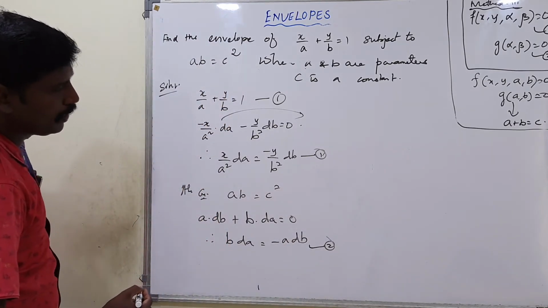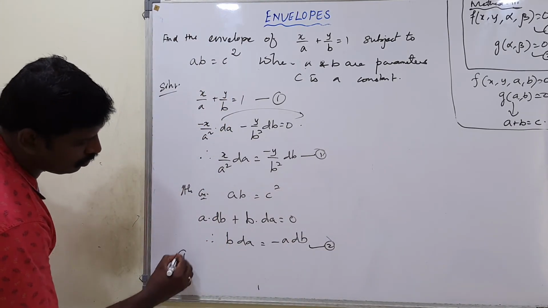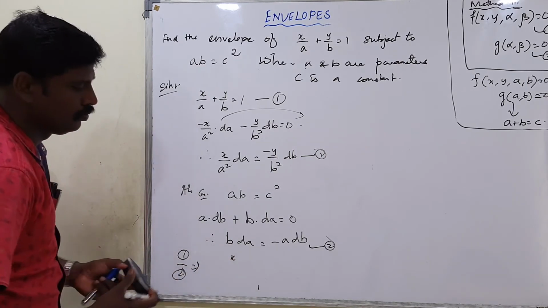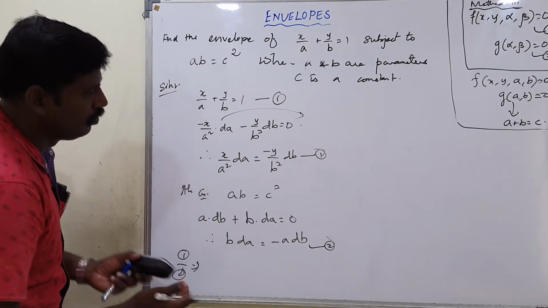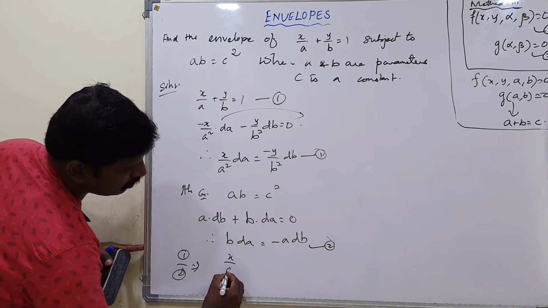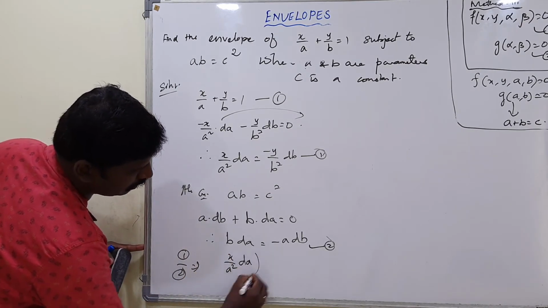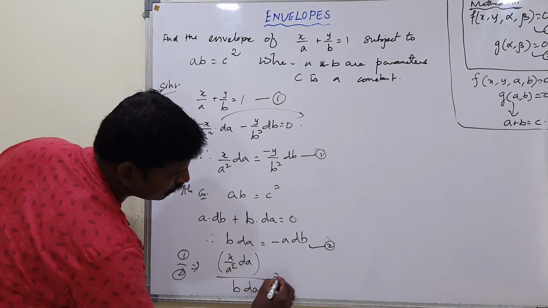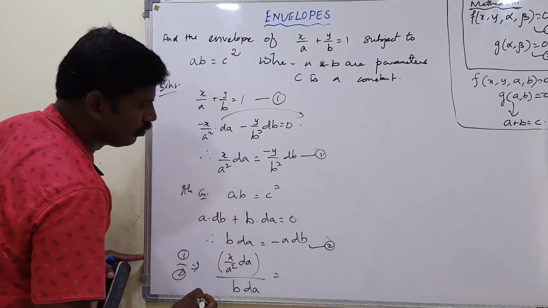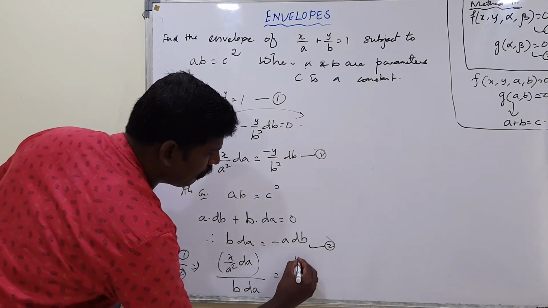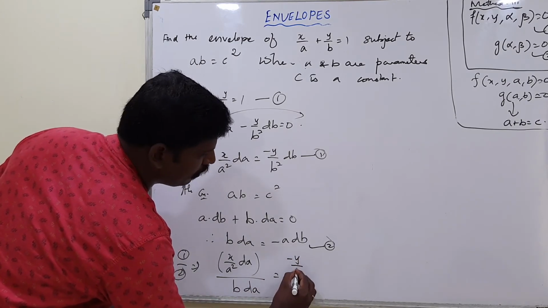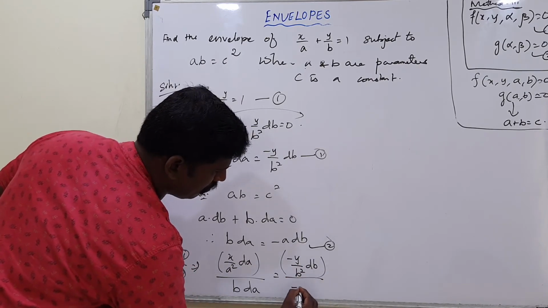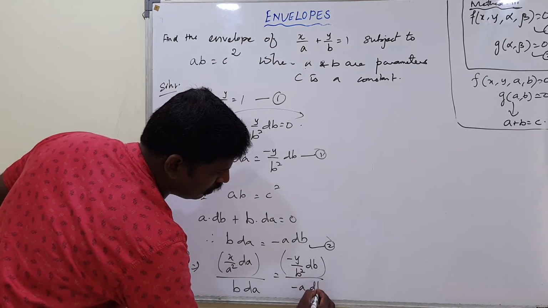So 1 divided by 2 implies, what you will get? (x/a²) dA / (b dA) = (minus y/b²) dB / (minus a dB).